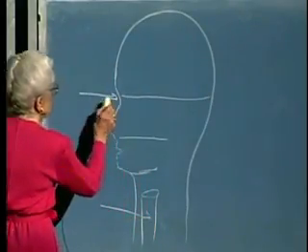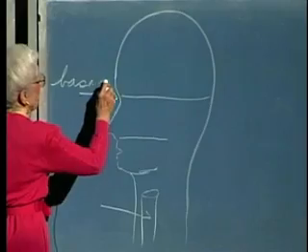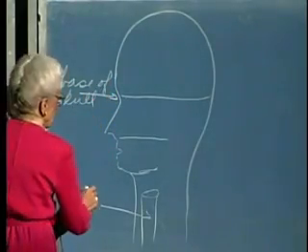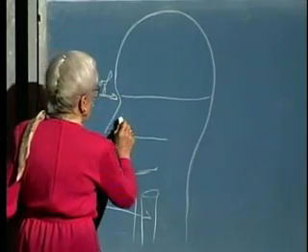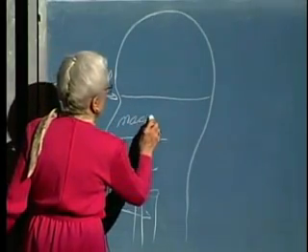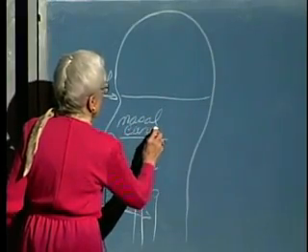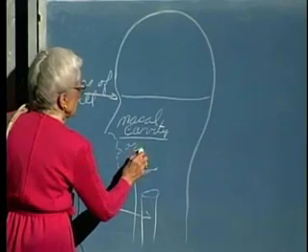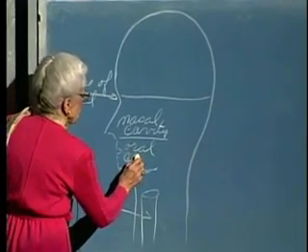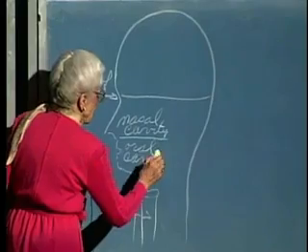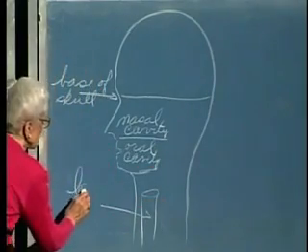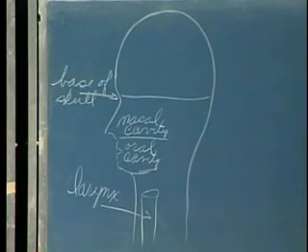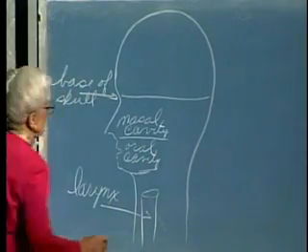So this is base of skull. And that would make this our nasal cavity. And this would be our oral cavity. And this would be our larynx, down in the neck.